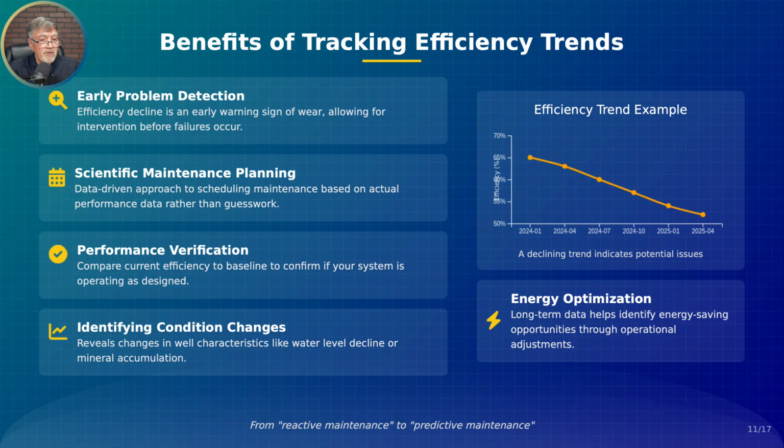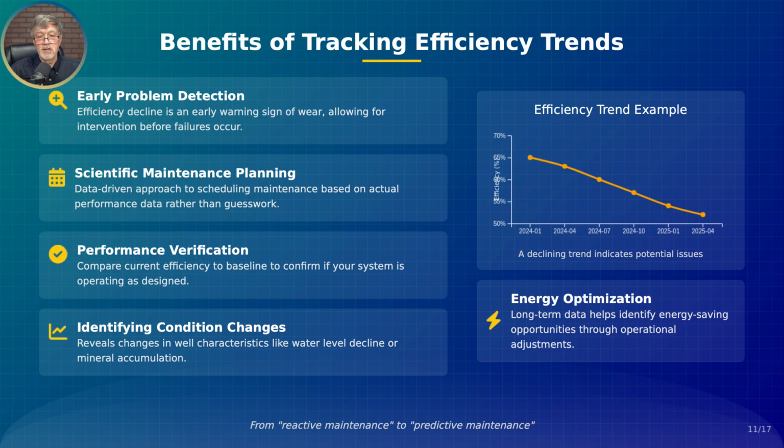Performance verification: compare current efficiency to baseline to confirm if your system is operating as designed. Identifying condition changes: if you have changes in your trend, that's going to tell you that you may have some issues. You can also see changes in well characteristics like water level decline or mineral accumulation that may indicate issues that need to be addressed by well rehabilitation.